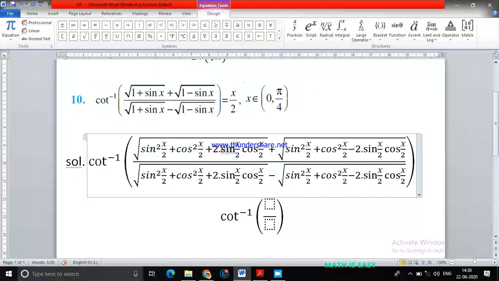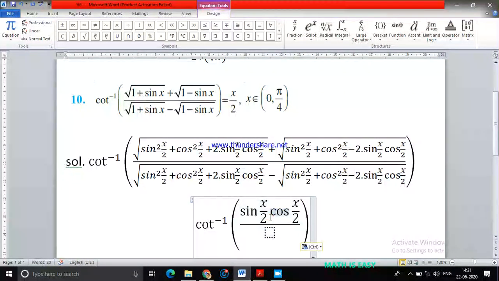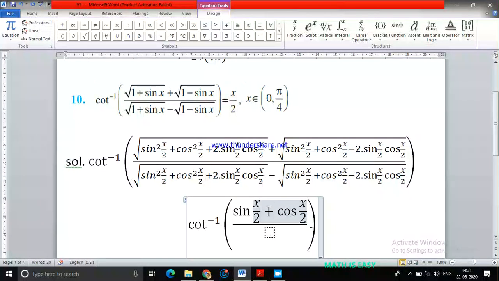So here a plus b is nothing but sin x by 2 plus cos x by 2. This is a plus b whole square.